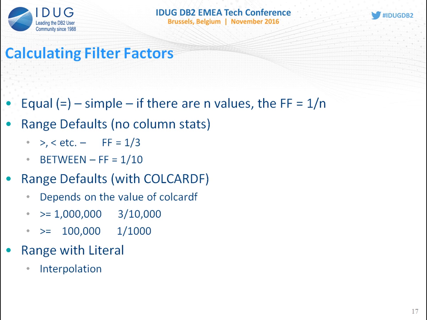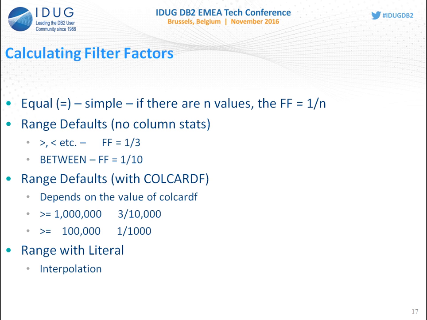If you've not gathered even column cardinality, the default for less than or greater than is 1/3, and a between is 1/10. If you have column cardinality, then the filter factor actually depends on what that column cardinality is. If you're between 100,000 values and 1 million, the filter factor is 1 out of 1,000.